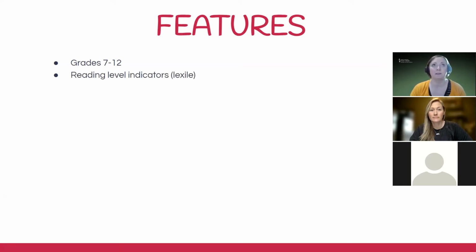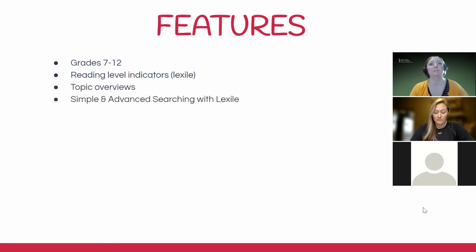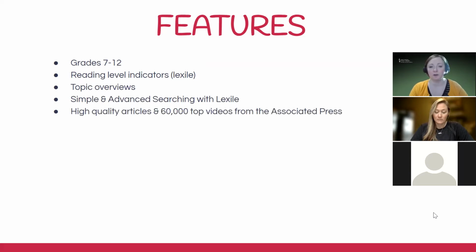It does have that Lexile level capability. So again, if you're concerned about content, about finding material that they can read at their reading level, this is a great option. There are topic overviews, advanced searching options, like I had mentioned, and these are high quality articles, over 60,000 videos from the Associated Press.